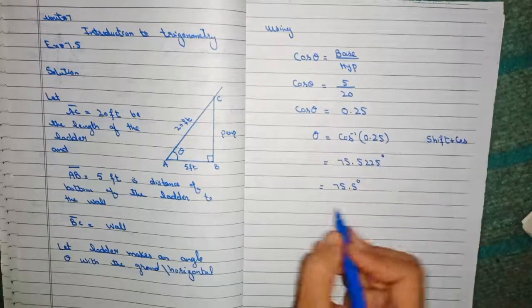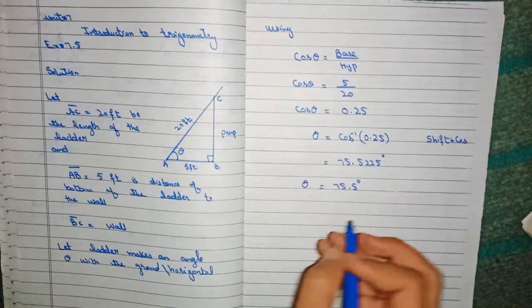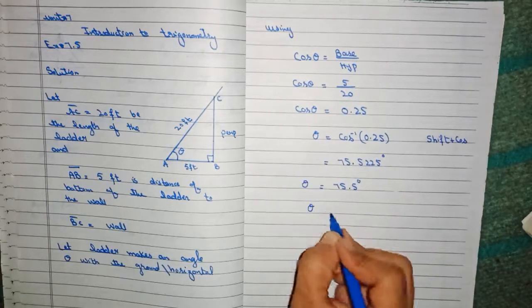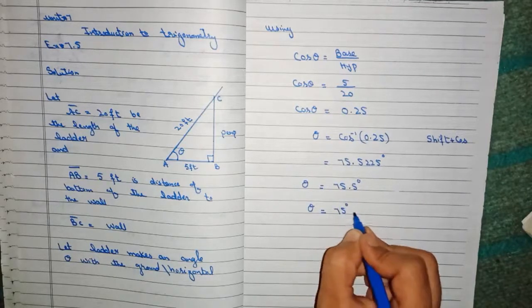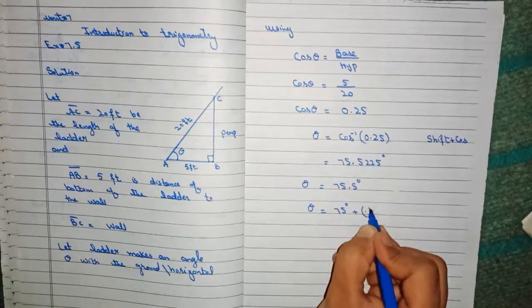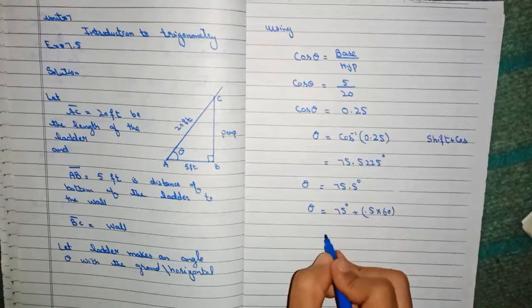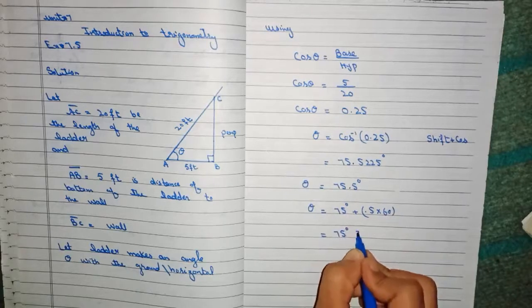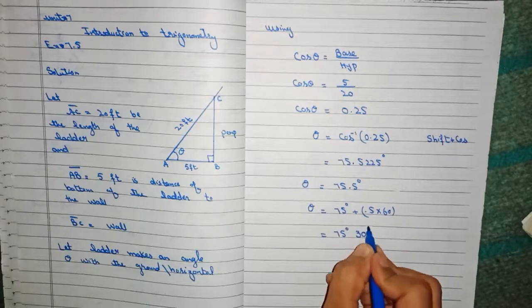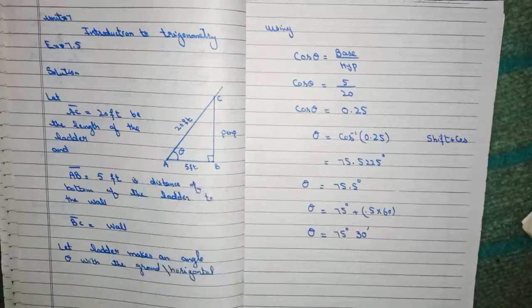It is in the degree form. If we want to convert this into minutes and seconds, then 75 is a whole number, it will remain as degree, plus 0.5 multiplied by 60, you will get 30. So 75 degree and 30 minutes is the angle of elevation that the ladder makes with the horizontal, that is ground.